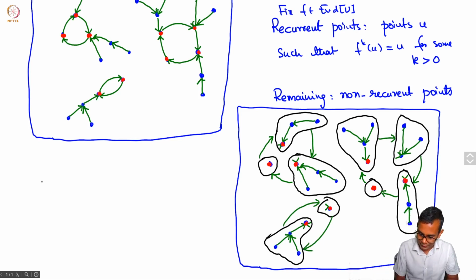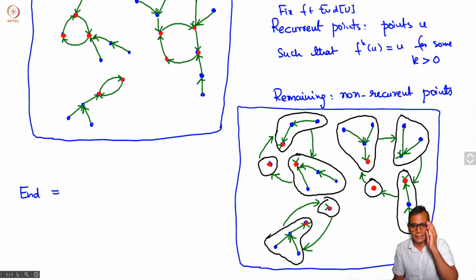So what we are saying is that we can regard an endofunction as, now this is just a union of cycles, it's nothing but a permutation. We have here 1, 2, 3, 4, 5, 6, 7, 8, 9 trees, and we are just permuting them.